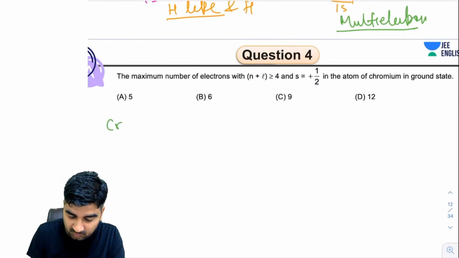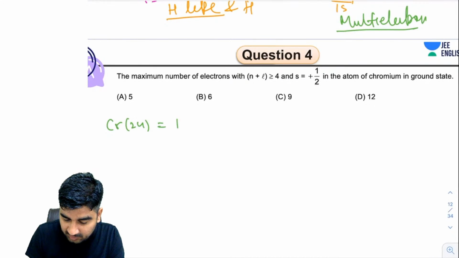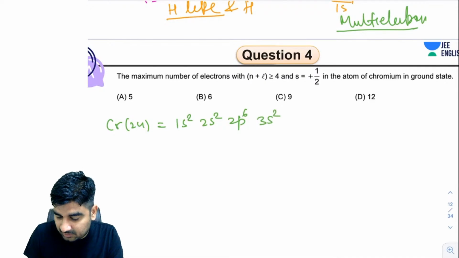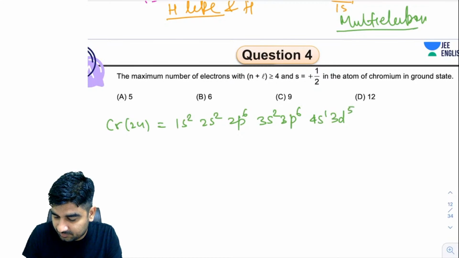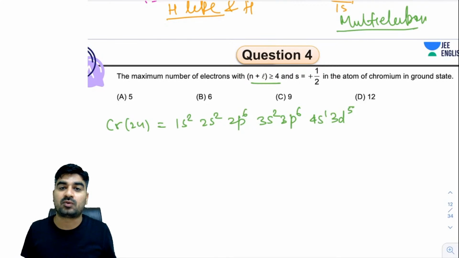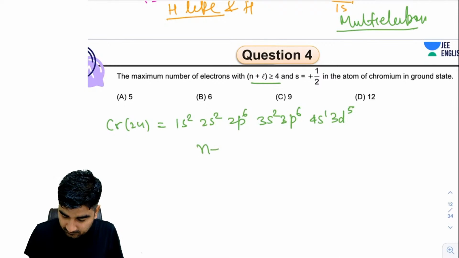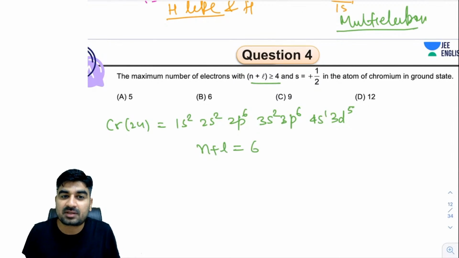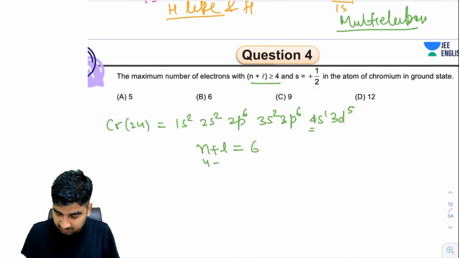So first of all, write the configuration of chromium. It will be 1s2, 2s2, 2p6, 3s2, 3p6, 4s1 and 3d5. It says n plus l should be greater than or equal to 4. Can it be 6? N has a maximum value of 4 and l will be 0.